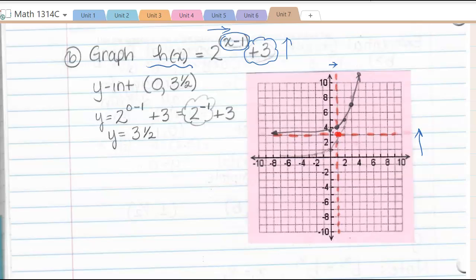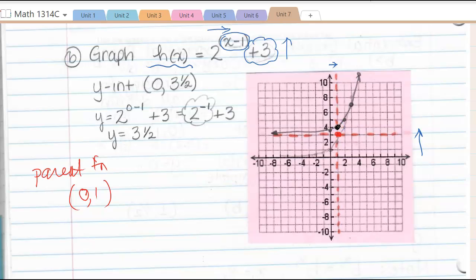We know from our parent function that the point 0, 1 will be in our graph. So I'm going to do that by coming from our new origin, go up 0, 1. That's going to be this point right here in black.